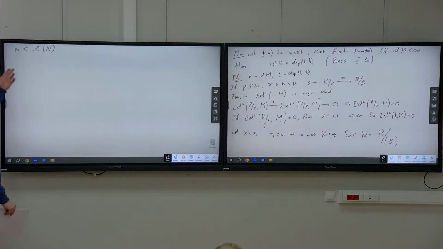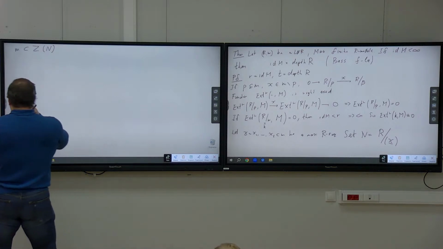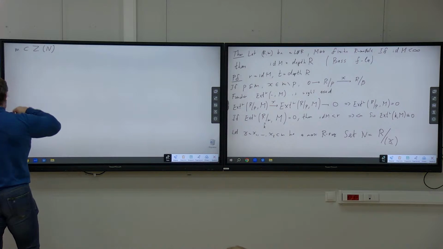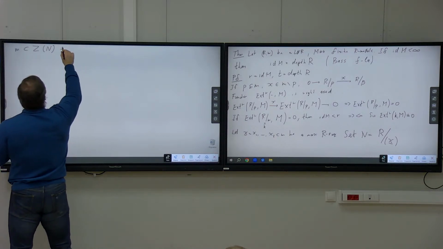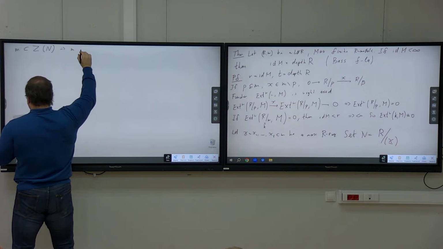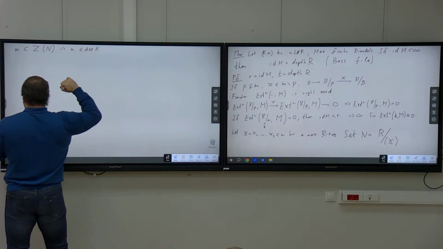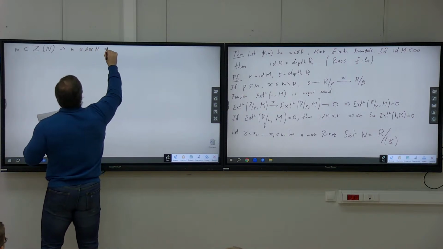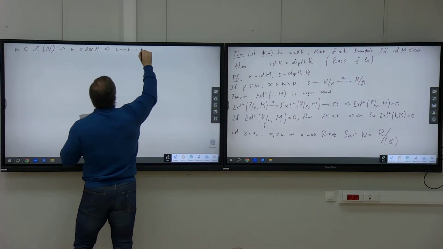So all other elements in m are zero divisors of this module. Well, if m consists entirely of zero divisors, then m is associated to the module N. Or in other words, there is an embedding of k into the module N.